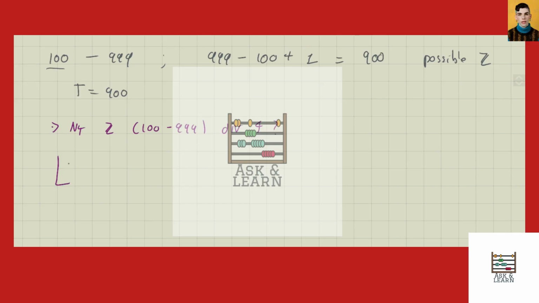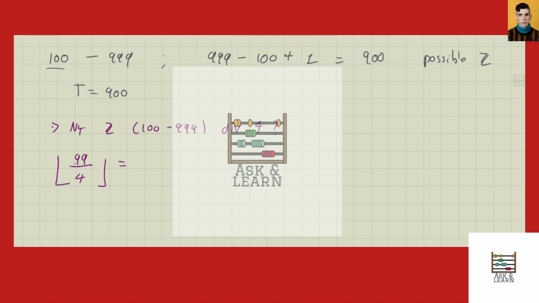So we take 100 divided by 4 and the floor function. But here you need to notice something. The 100 is already divisible by 4. So you need to take one number less, so 99, and I'm going to explain this later.